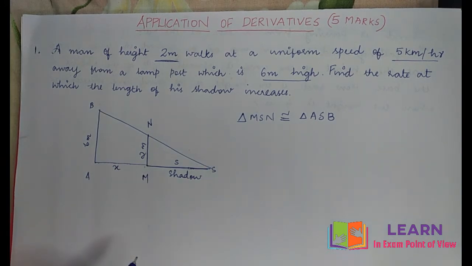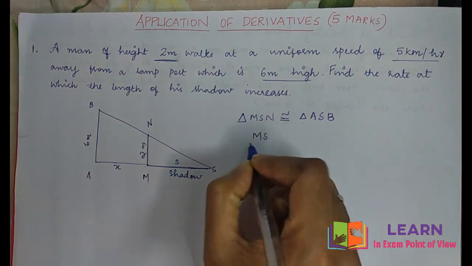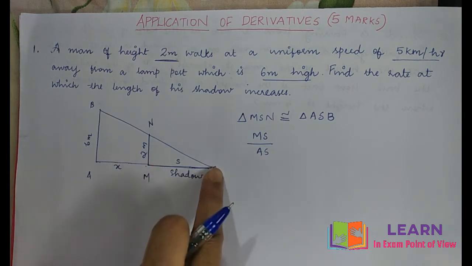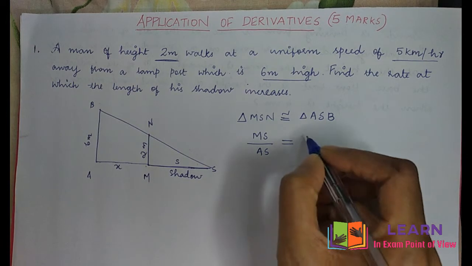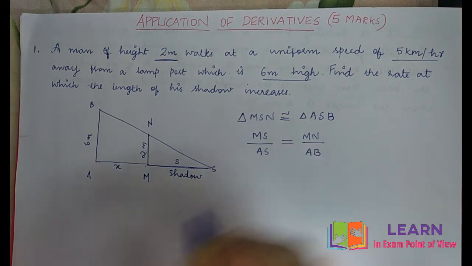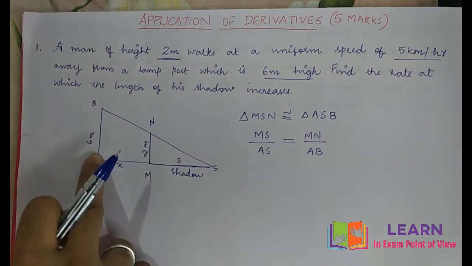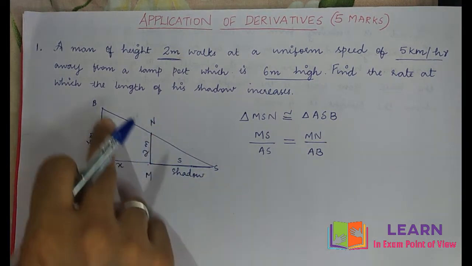So for similar triangles, the corresponding sides will be proportional, so we can write MS by AS equal to MN by AB. This by this is equal to this by this.